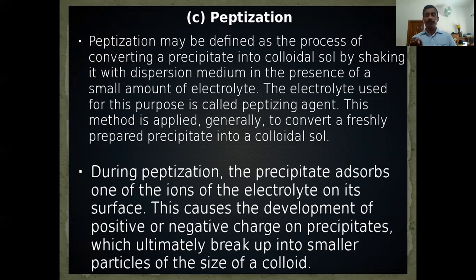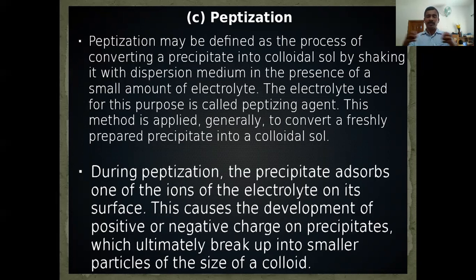During this peptization, the precipitate adsorbs one of the ions of the electrolyte on its surface, either the positive ion or the negative ion. The precipitate will selectively adsorb one of the ions. As a result, the surface will be covered with positive charge only. Then, after adsorbing, the particle cannot combine with another which is carrying the same positive charge.